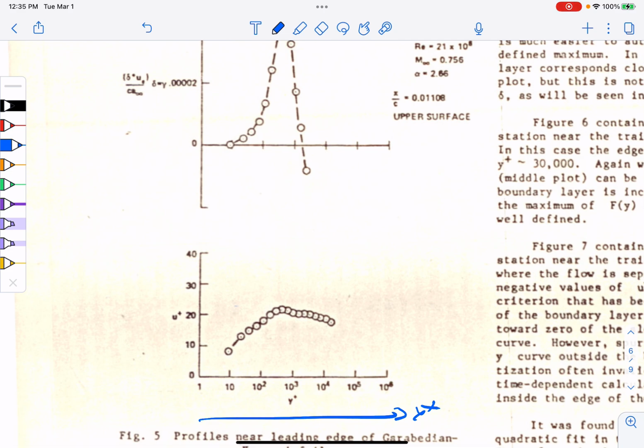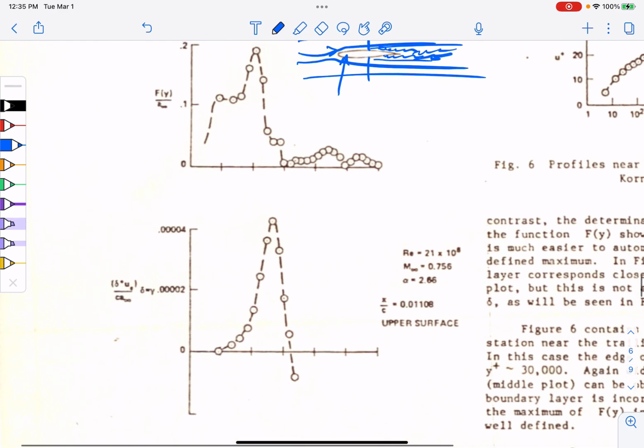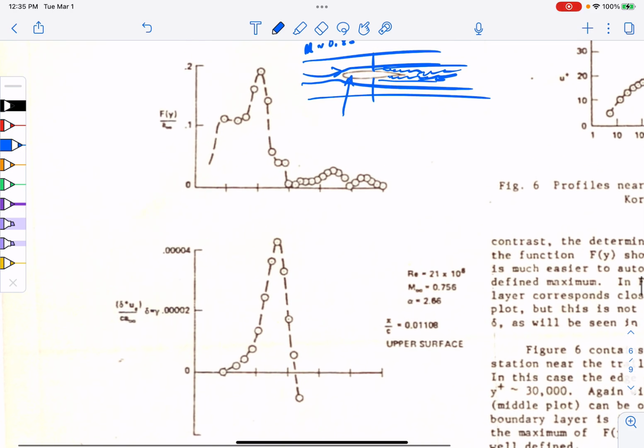In fact, I don't see a log law at all. Why is that? Because he's near the leading edge and the flow is not fully turbulent yet. So his transitional solver seems to be working. And the proof is relative to measurement, because that's what we believe to be the truth in this case. And the predictions and measurements are rather good.